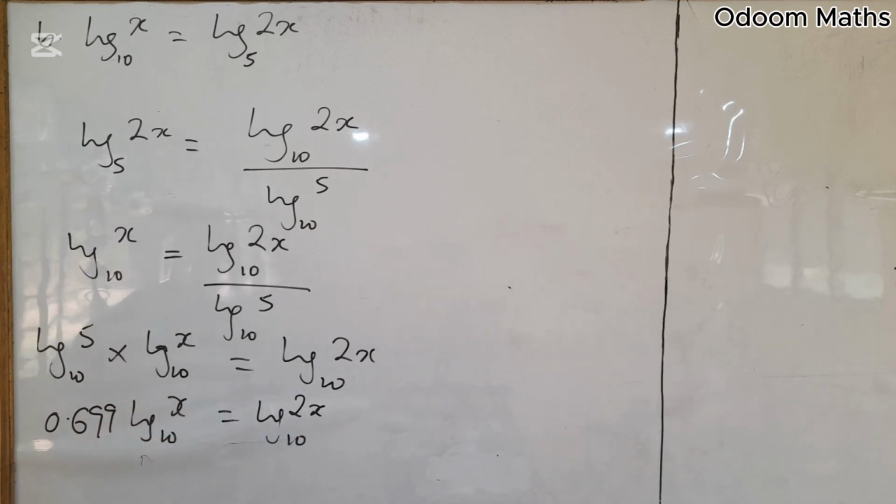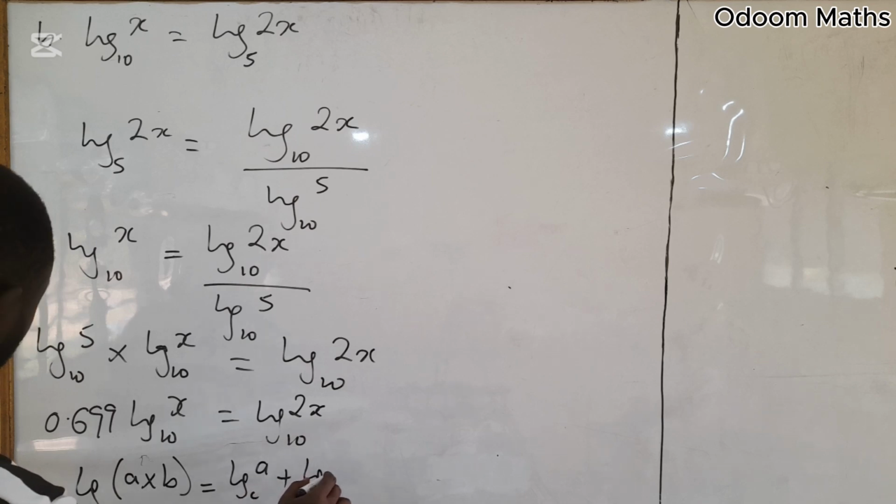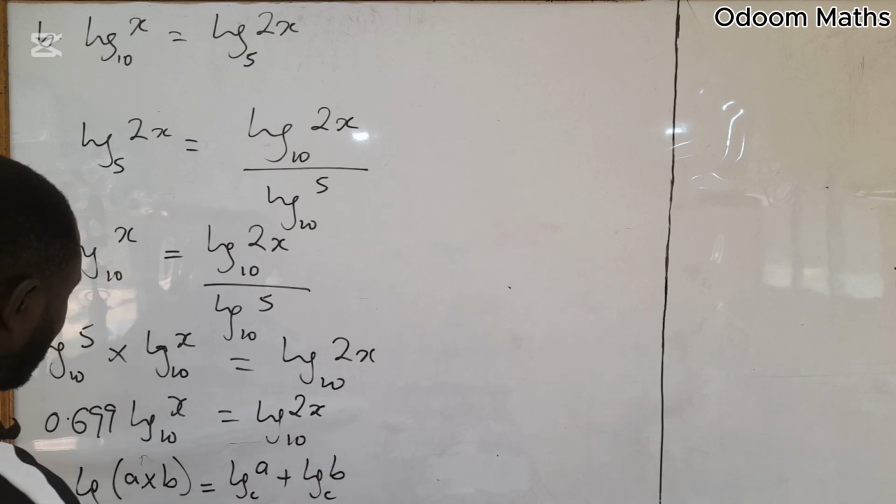That says that log of a times b base c is equal to log a base c plus log b base c.